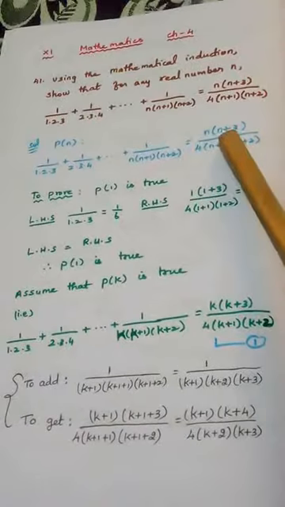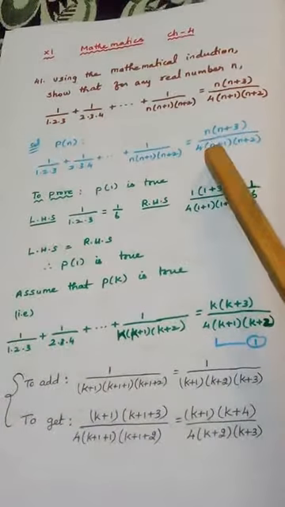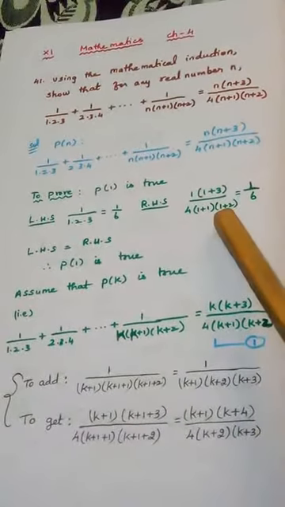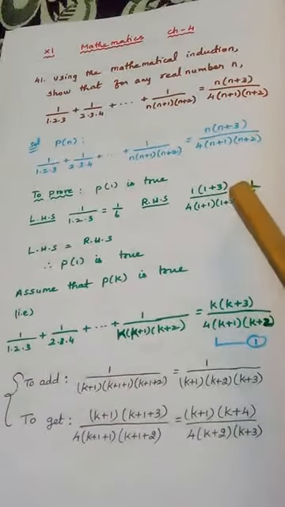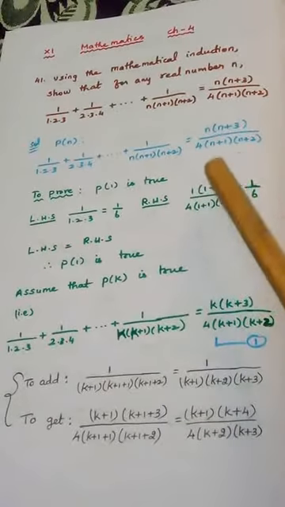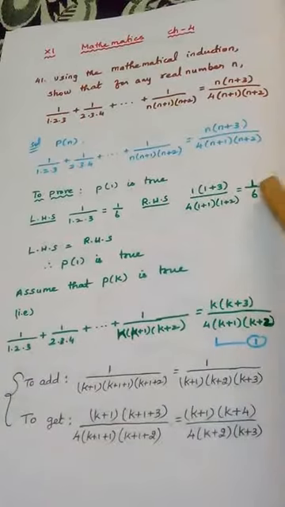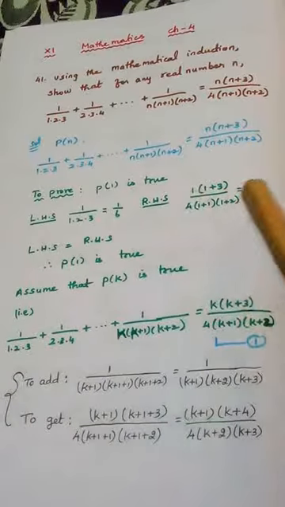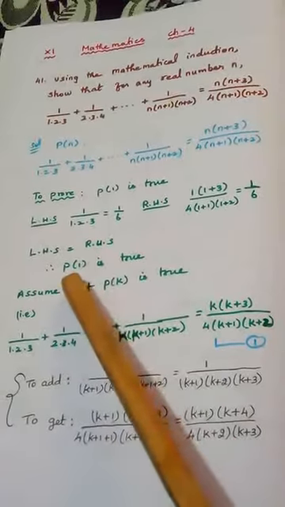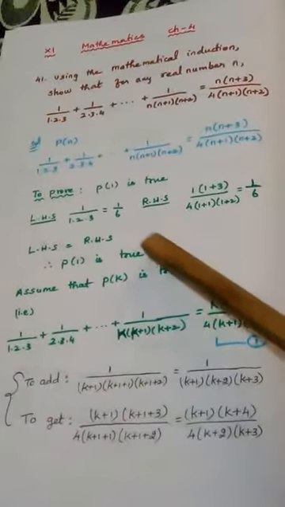So 1 into 1 plus 3 by 4 into 1 plus 1 into 1 plus 2, that is 1 into 4 by 4 into 2 into 3. The 4 gets cancelled, so 2 threes are 6, giving 1 by 6. Since we are getting the same answer for LHS and RHS, they are equal, hence P of 1 is true. So the first step is proved.